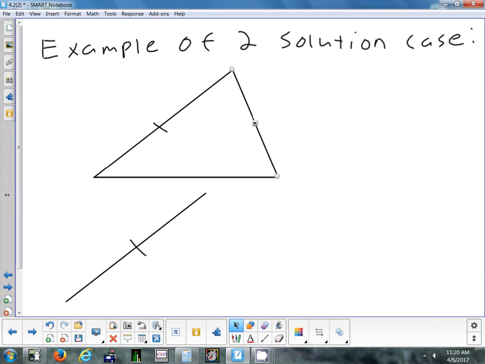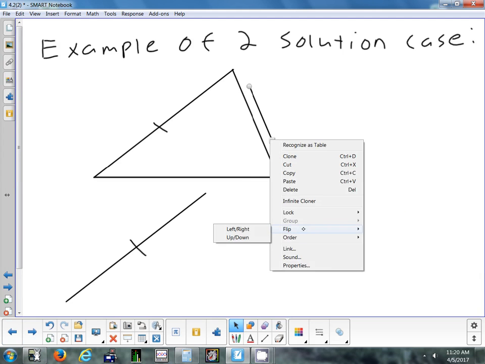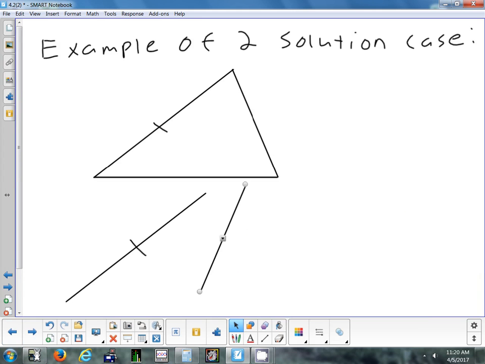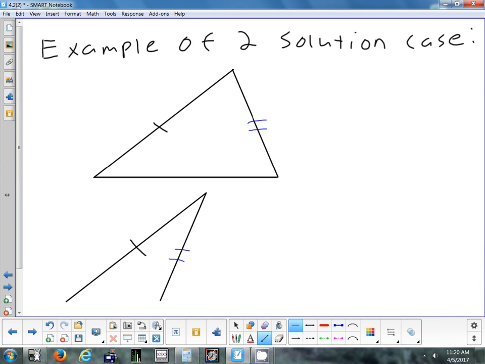Okay, next thing I'm going to do is I'm going to take this side, make a copy of it, and I'm going to flip it. Okay, by reflecting it, is this side still the same length as that side? Yeah. So now I have a triangle with two sides that are the same length. And I'm going to draw my third side. Put it right there and then just shorten that a little bit.